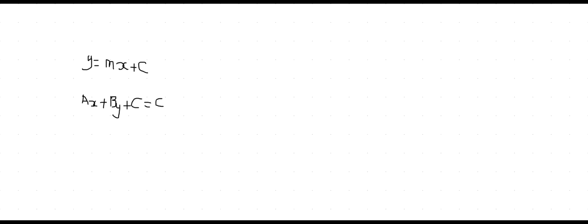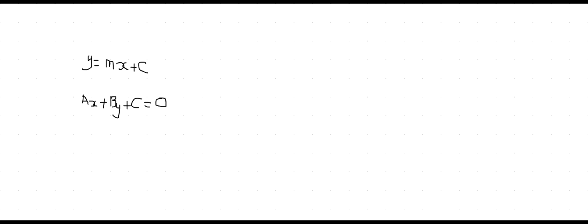So the equation of a line can be given in either the standard form or the general form, and it's up to us to identify which form it is in and then see how to graph it.